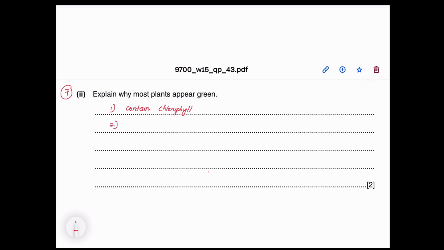Because chlorophyll does not absorb, or you can say it reflects, green light. If you can remember the wavelength, you can quote, or if a diagram is given, it is between 500 to 600 nanometer in wavelength.